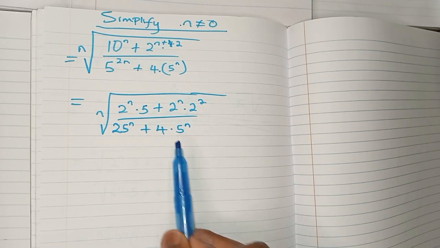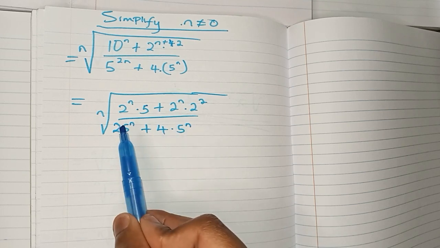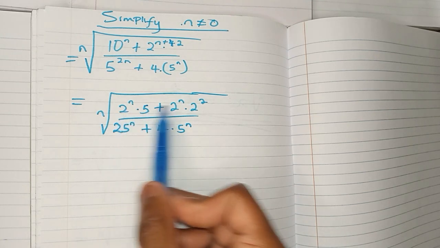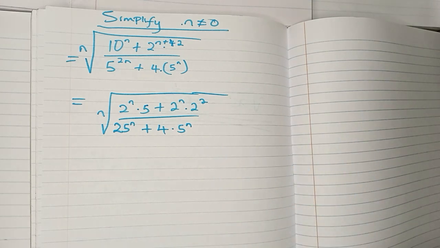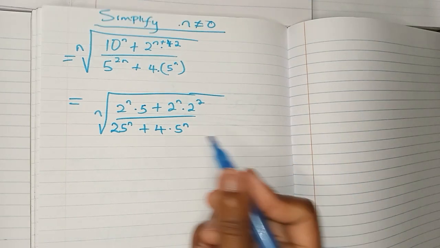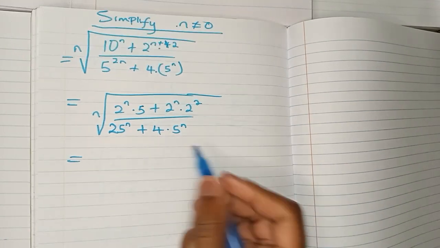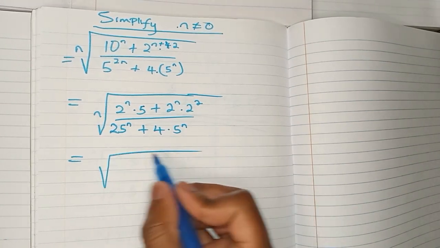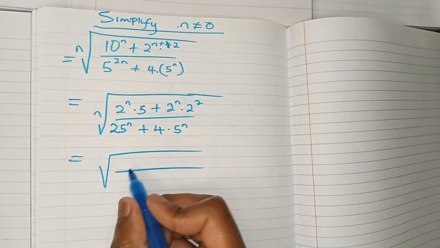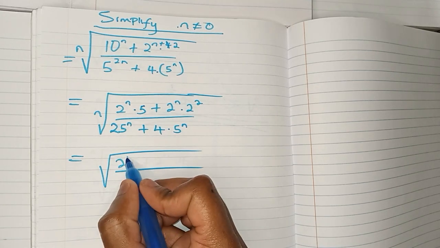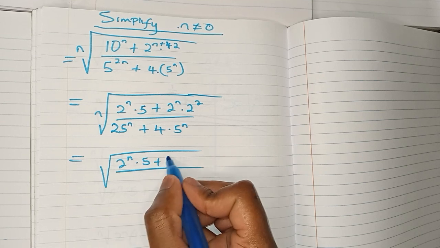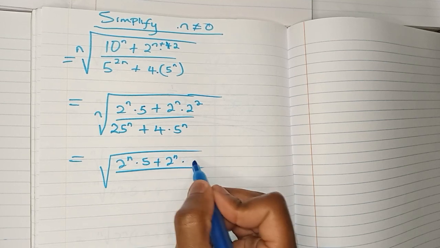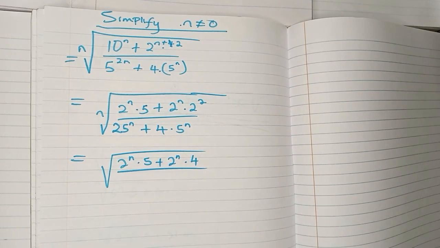Now this will also be worked out the same as the upper part, right? Because the aim is to take out a common factor, right? So I continue. I say this is 2 to the power n times 5 plus 2 to the power n times 4, right?